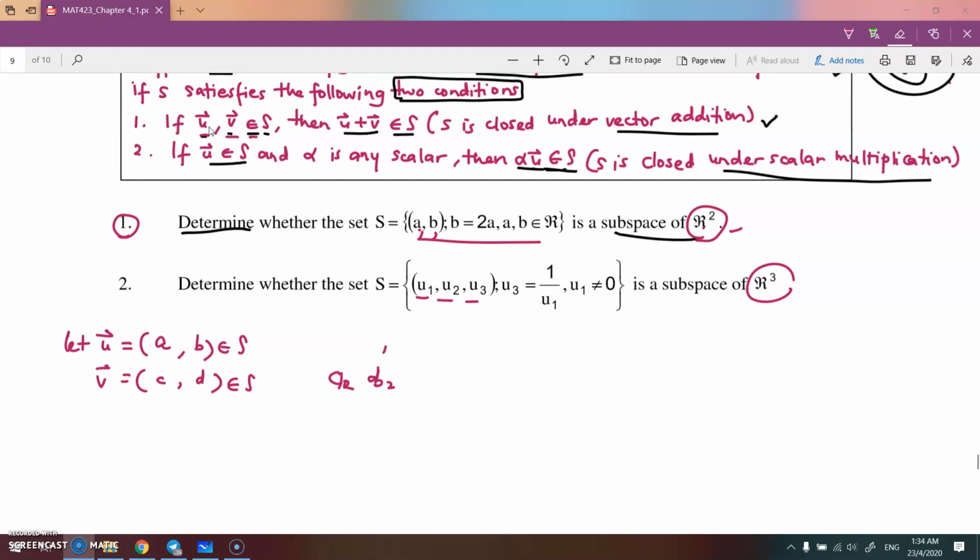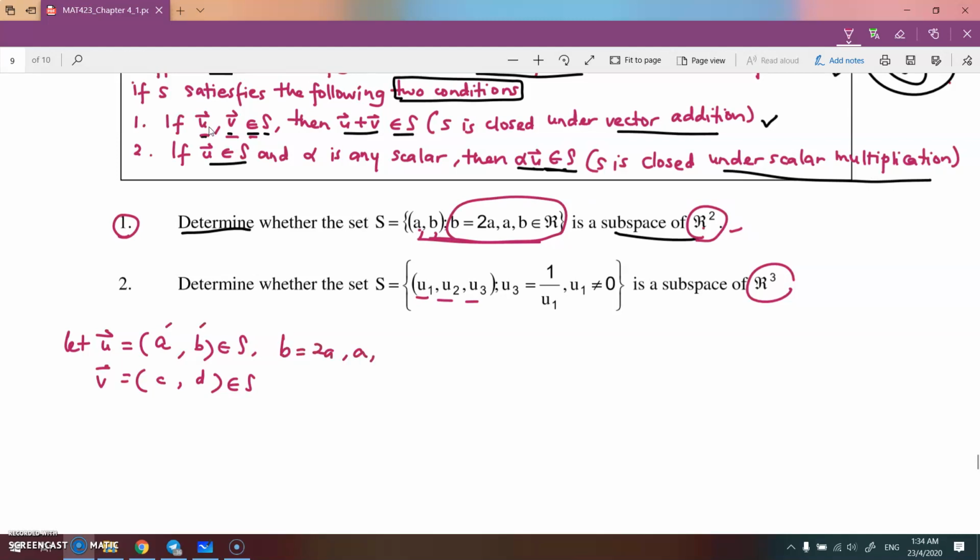After you let U and V, you have to add these two vectors together. But before that, when you let U equal to AB, you look at the condition here: B equal to 2A. So we just rewrite it.